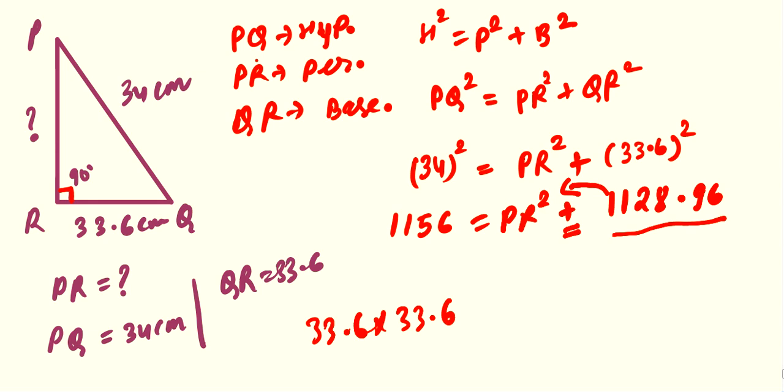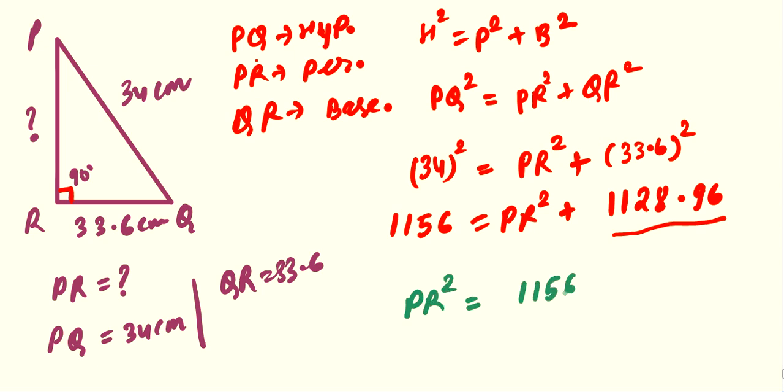So this side you have plus, on that side you have to subtract. So you can write PR square equals to 1156 minus 1128.96. So now subtract this.